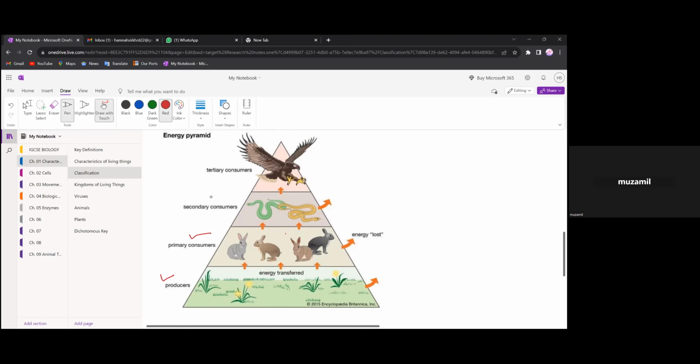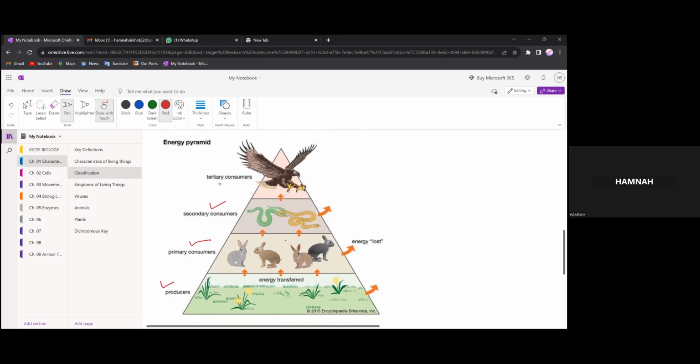Okay, if you're given an animal, like an ant feeding on a dead cat, what would you say it is? Is it a tertiary consumer? Is it a secondary consumer? Which one is it? An insect.